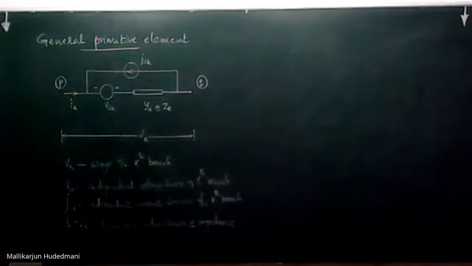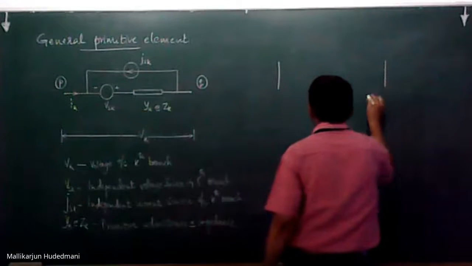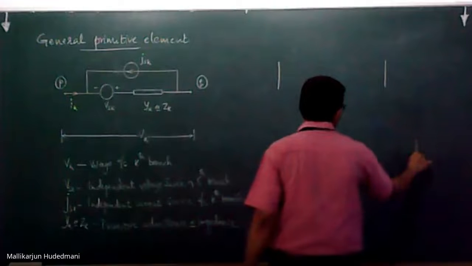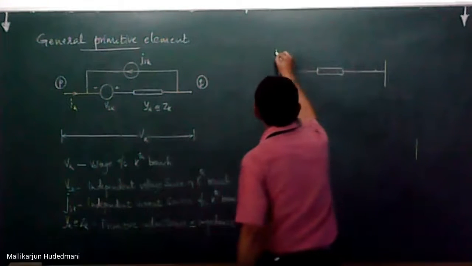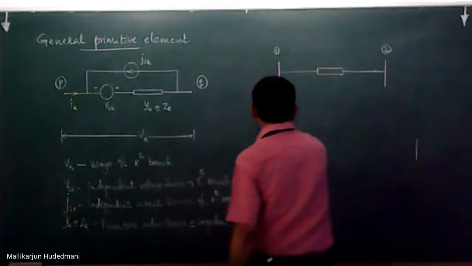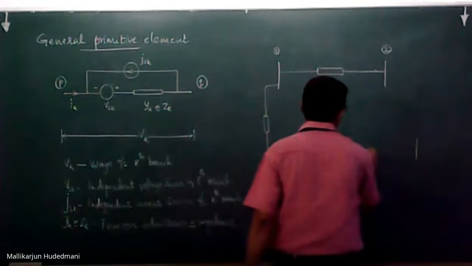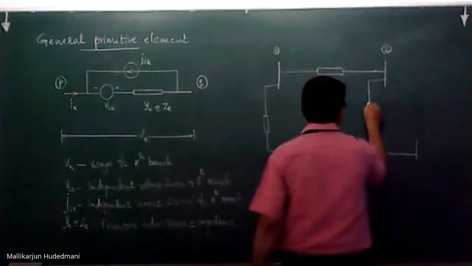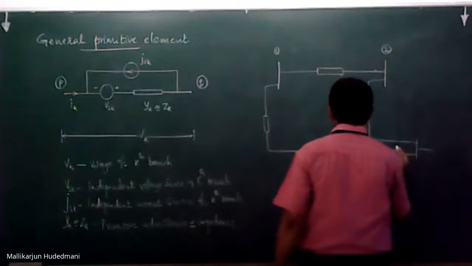It means I'm just trying to give you an outline. What exactly have I done? Let us take a power system layout, some interconnection like this. I have an element like this, bus 1, bus 2, and I may have elements like this, a transmission line between like this and future. I don't know.